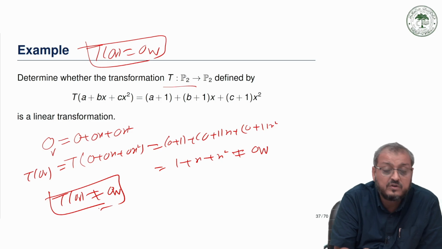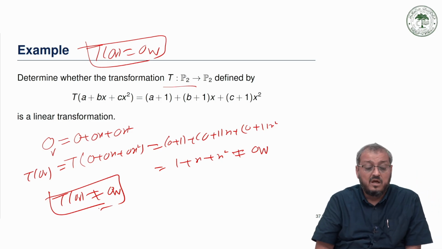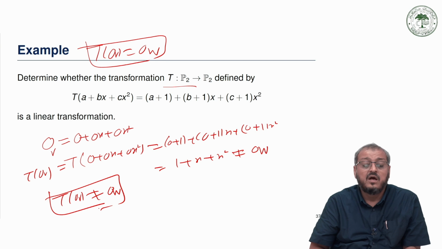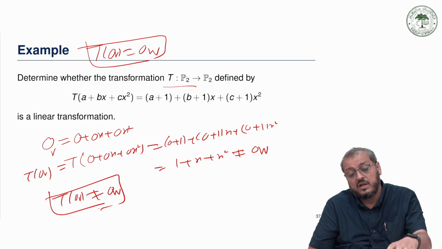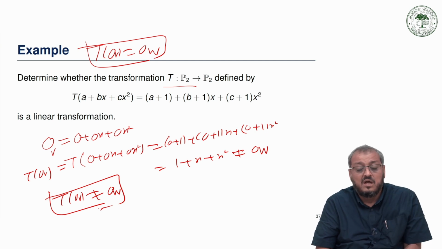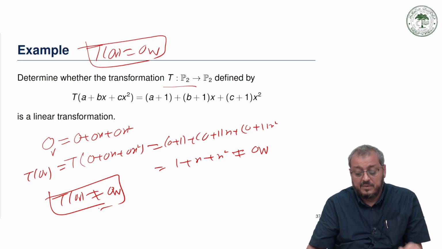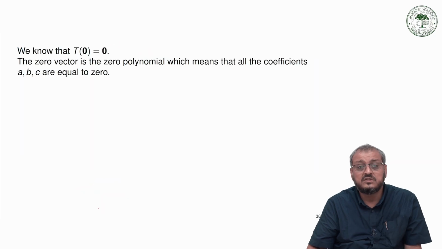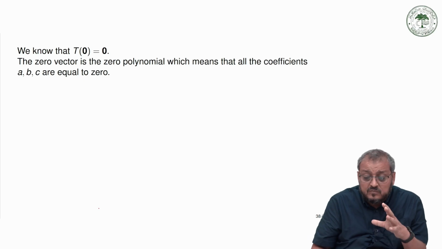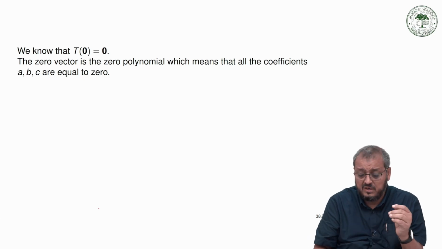So if this does not satisfy the required condition, then by this property we can say clearly that the map T from V to V defined by this is not a linear map. Okay, so now, using the zero vector in the zero polynomial means that all the coefficients A, B, C are 0.